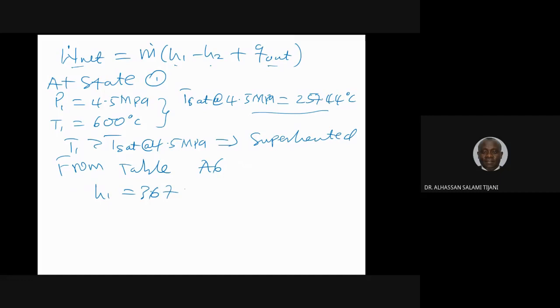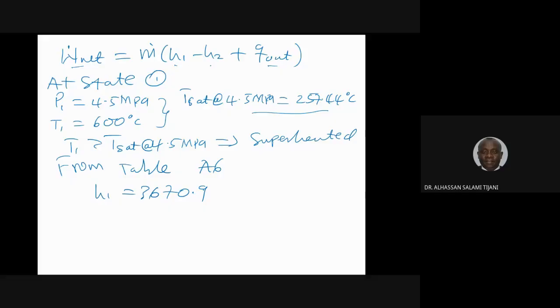H1 equals 3670.9 kilojoules per kilogram. And then we have S1 equals 7.3127 kilojoules per kilogram per Kelvin.